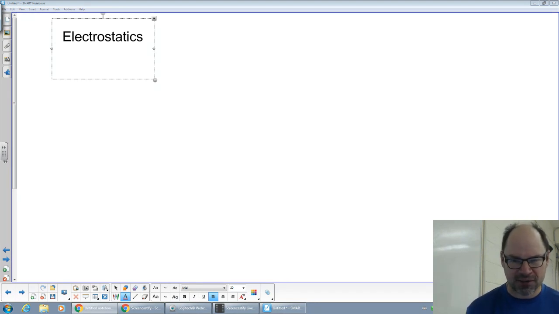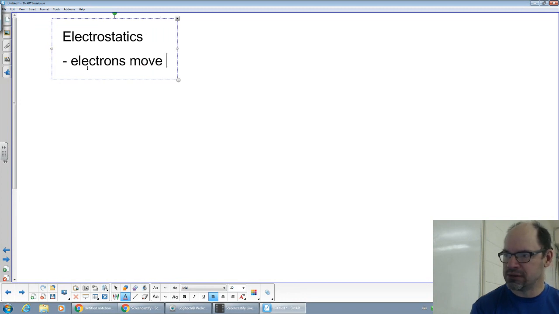Okay, so let's get started on the electrostatics part. With electrostatics, there are a couple of tenets. The first one is that electrons move, even though we'll be talking about conventional current mostly when we get to the current part.